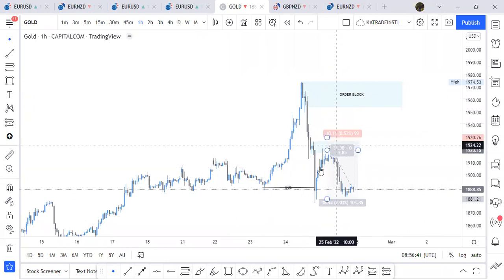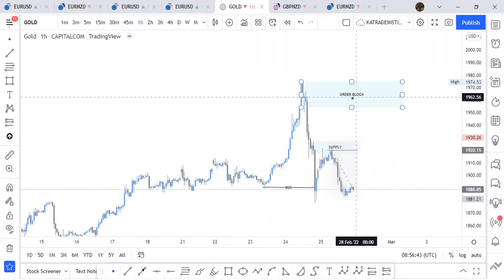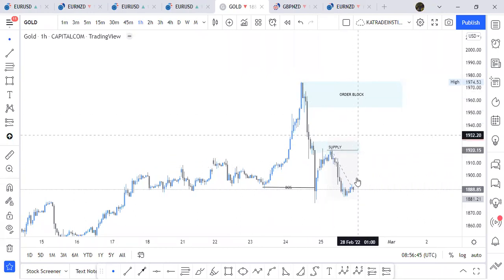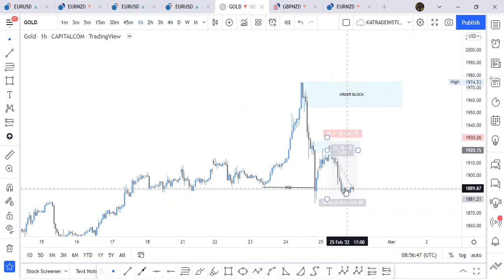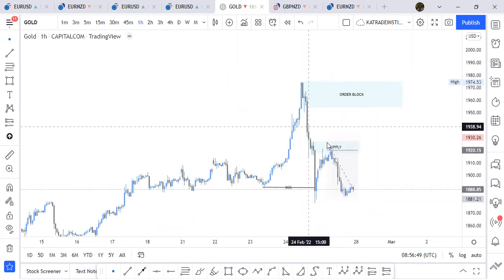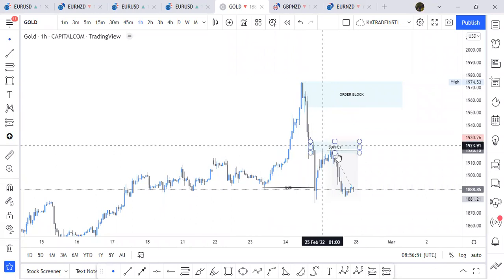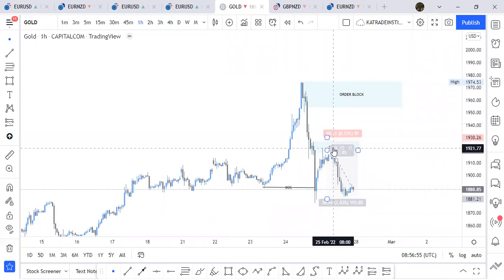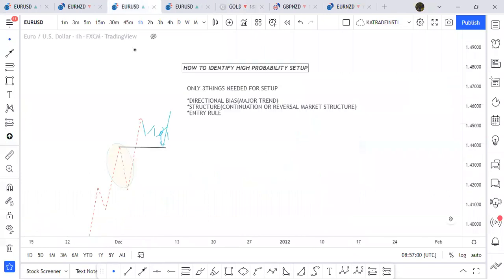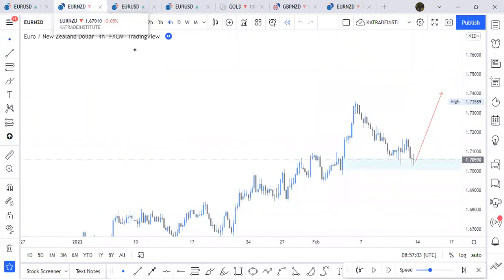Meaning that we don't need to wait for price to come back to the order block area before we start selling. But we can start looking for selling opportunity around the supply area. I hope you are getting me. Let me see if there is another example here.